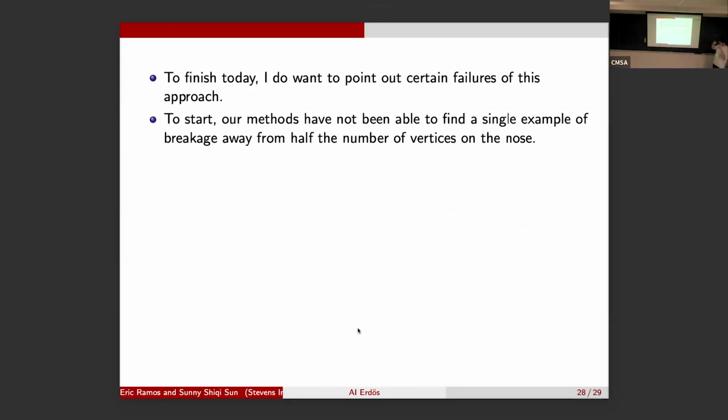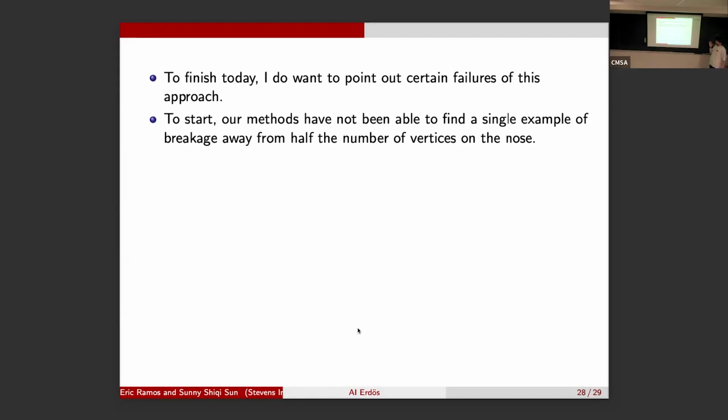So we know for a fact there should exist counterexamples where breakage happens away from n/2. But I have been doing this for days and weeks and weeks, and no matter what I do with the parameters, PatternBoost cannot find any counterexample with breakage away from n/2.